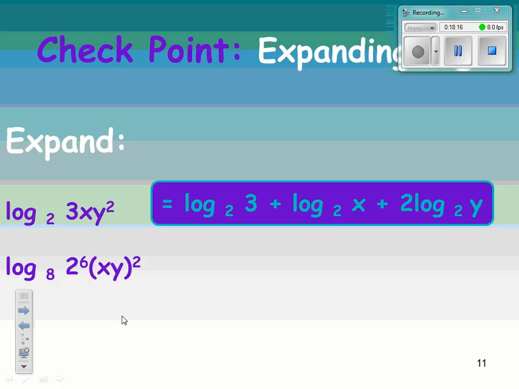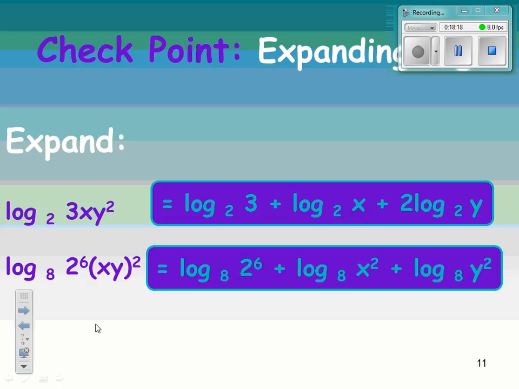So if we're going to rewrite that one, the first thing I'm going to have is log base 8 of 2 to the 6. That was my first piece. Plus log base 8 of x squared plus log base 8 of y squared, because the squared goes to both of these.